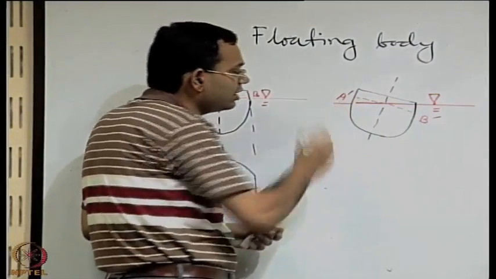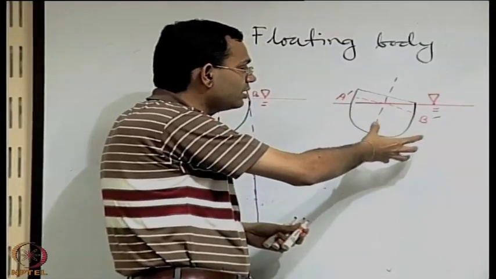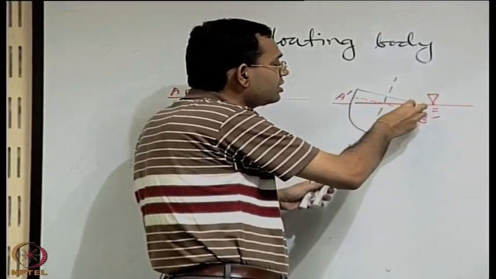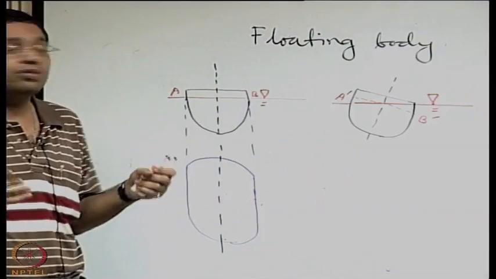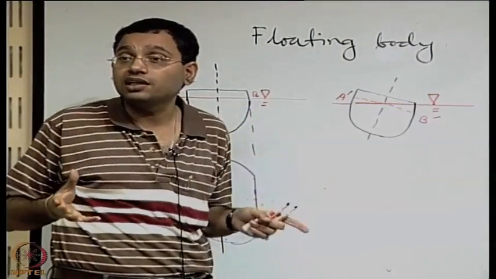Some new part has gone down into the fluid, some new part has come up, and if it is very symmetric, these two parts are of the same volume. So the volume that was earlier immersed is still the same, but the distribution of the volume has changed.